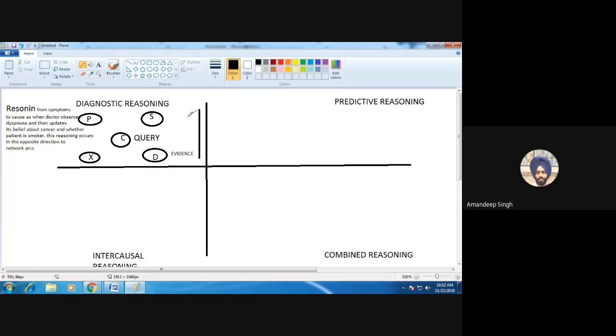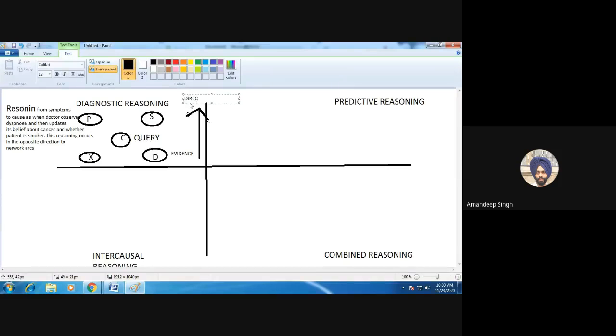This is upward. The direction is upward here. This is the direction of reasoning.